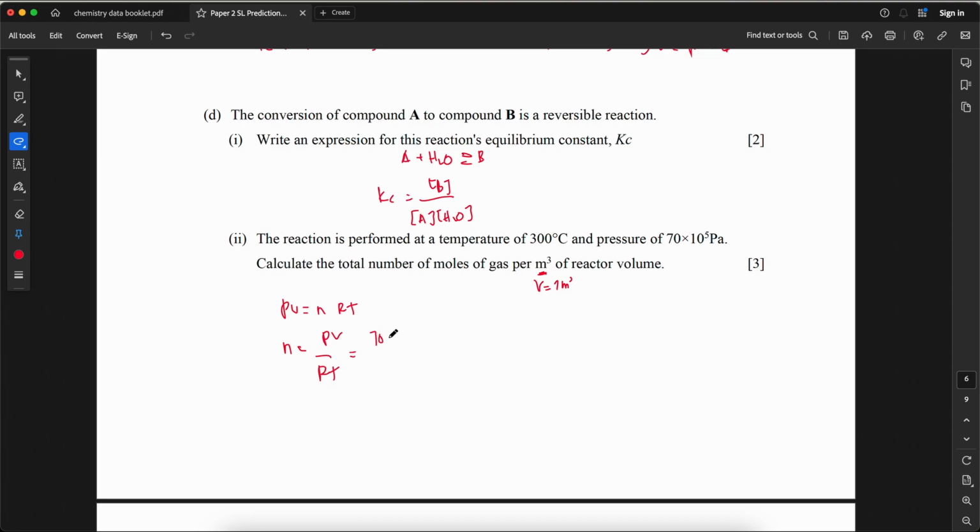P is 70 times 10 to the power 5 divided by 8.13 times 573. This one is 573 Kelvin. This times 1, okay? Volume is 1 meter cube. If it's Pascal, it's meter cube. If it's kilopascal, this is meter cube. So that would be 1.5 times 10 to the power 3 mole.